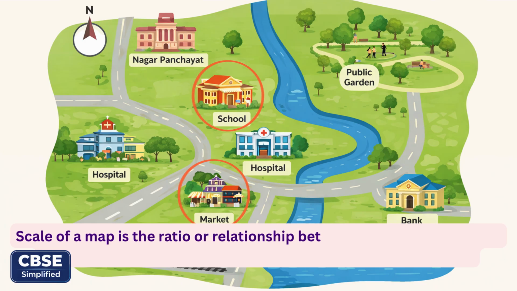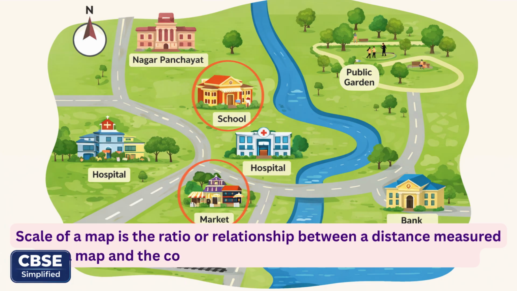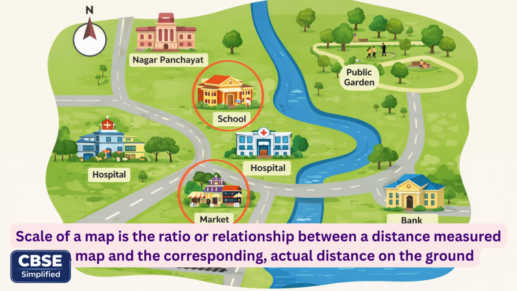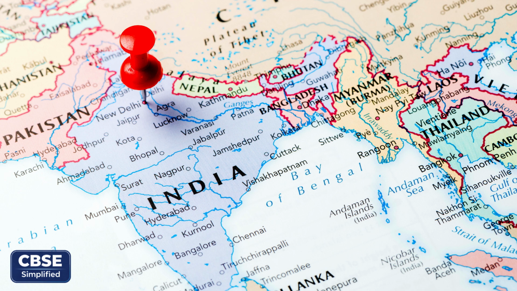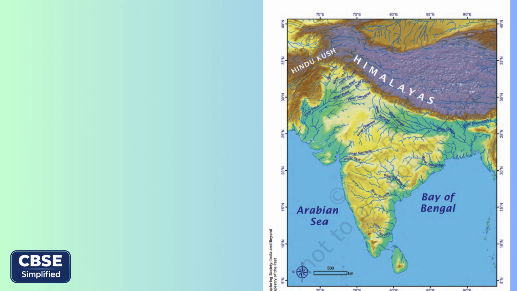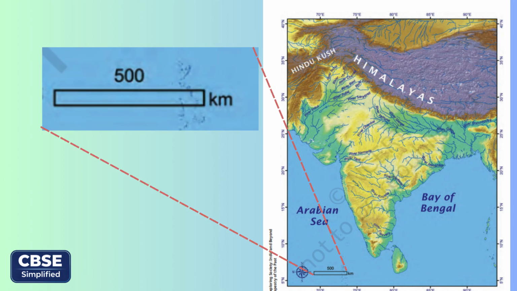Scale of a map can be defined as the ratio or relationship between a distance measured on a map and the corresponding actual distance on the ground. Let us look at another map of India to understand this better. Here, if you look towards the left bottom corner of the map, the scale is represented by a ruler with 500 written above its length and kilometers on the side.